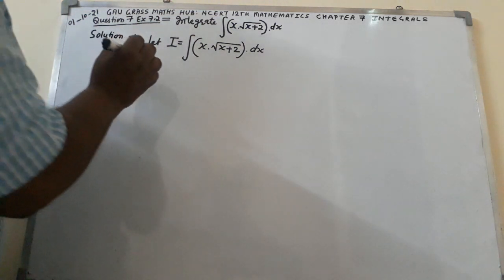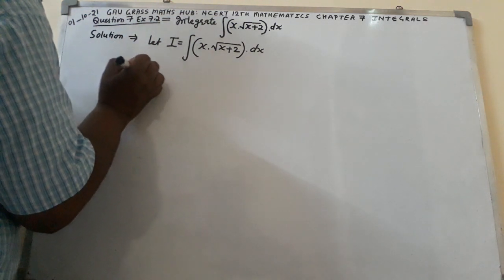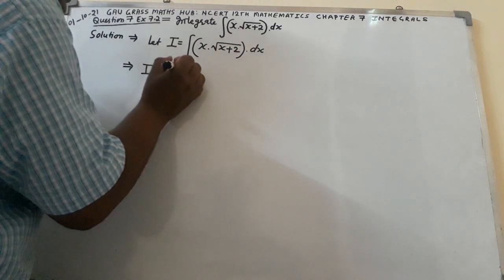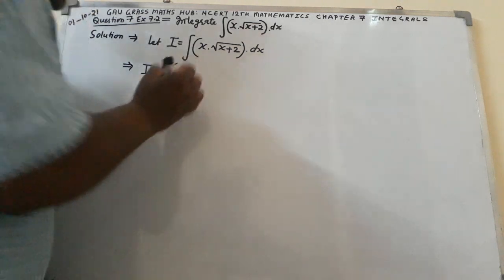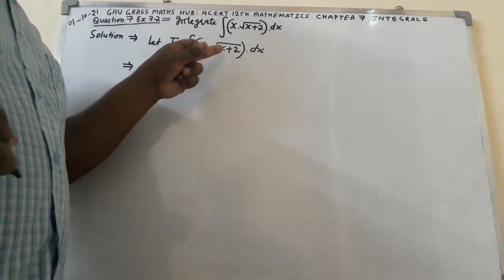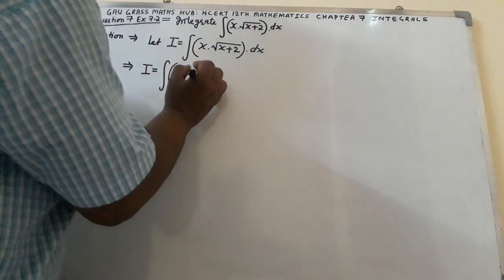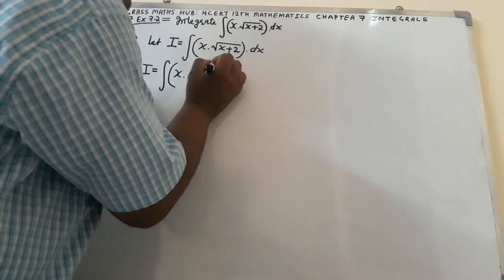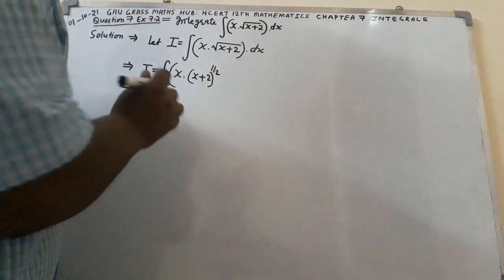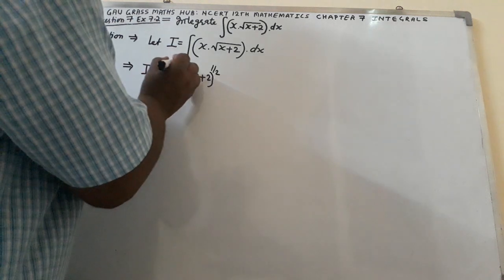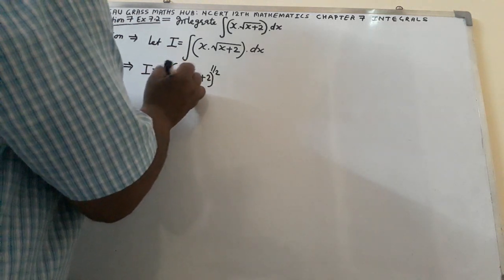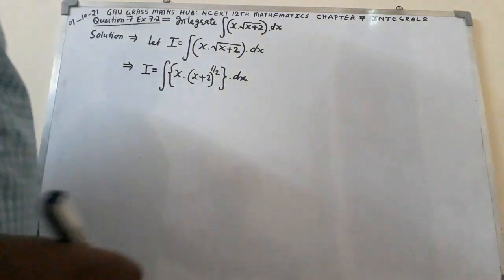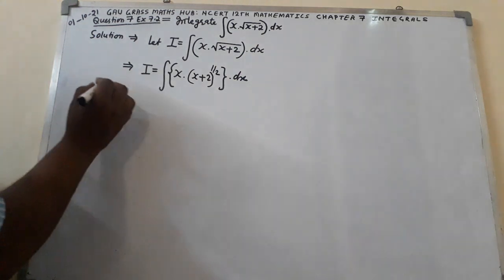Again I shall write, implies that I equal to the integral of (x times square root of x plus 2), which can be written as (x plus 2) raised to the power 1 over 2, dot dx.